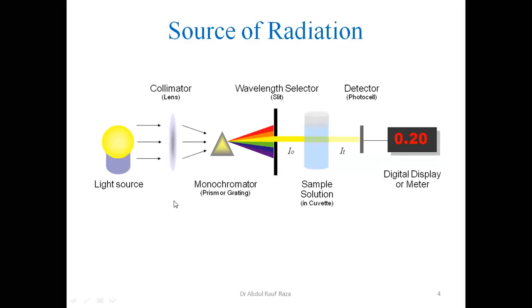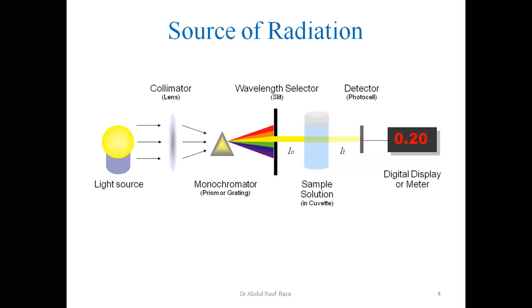This is the source of light, or two. Let's say we know that our compound shall absorb in UV region. It is not capable of absorbing in visible region, or it is colorless. Then we cannot use the visible range.